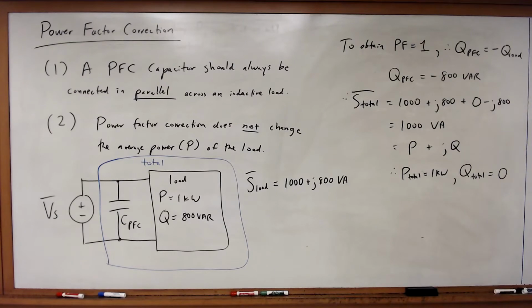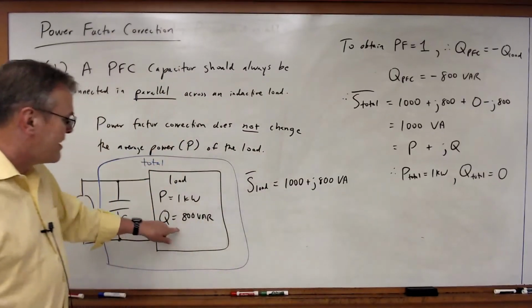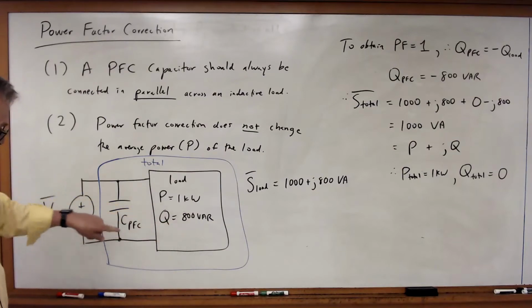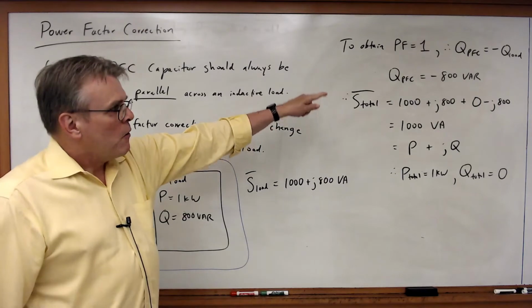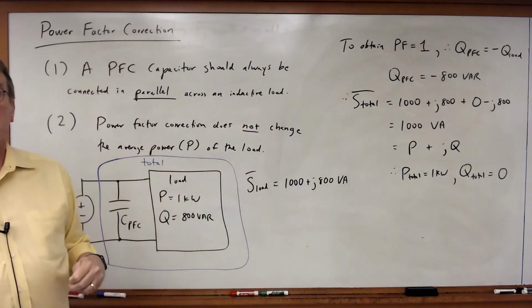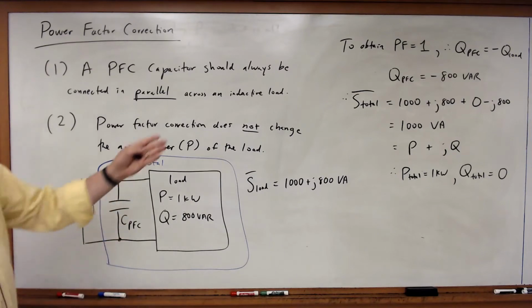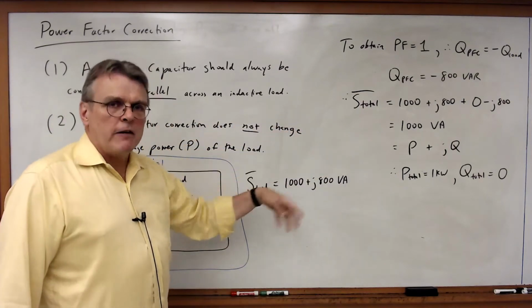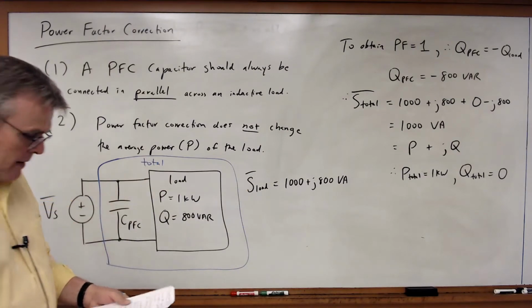All right? So this is what we're trying to do. We're trying to cancel that Q with that capacitor. So we need to choose the capacitor such that we get cancellation of the reactive power of the load. That's really all we're doing. And once you know what that Q needs to be, it's very easy to work backwards and figure out what the value of the capacitor needs to be.